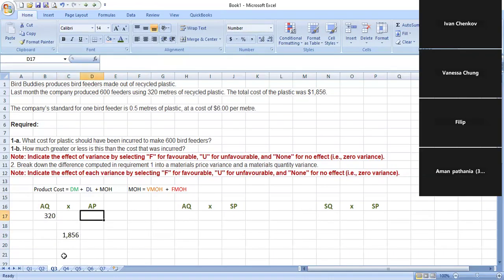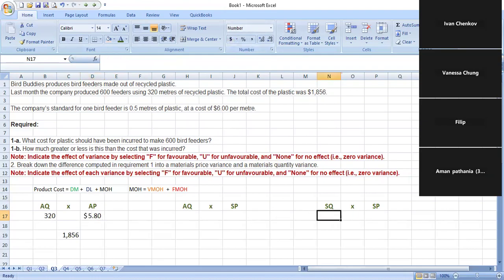So how much is my actual price per unit, per meter? 5.8. This one divided by that one, 320. Is that what you guys are getting? Right, yeah, 5.8. Okay.